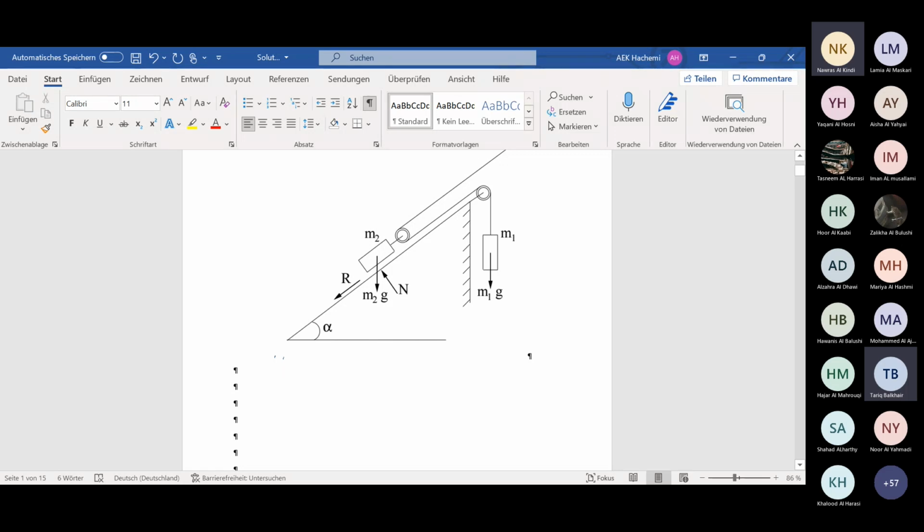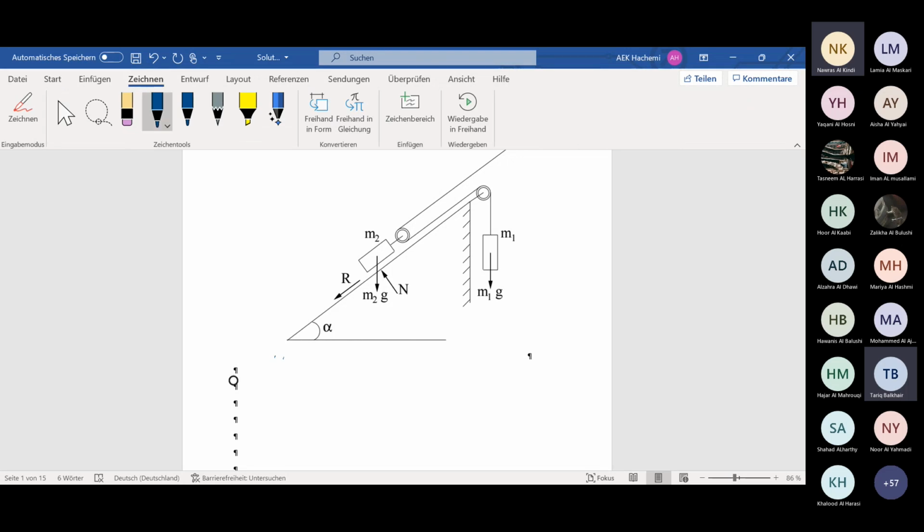We said that the sum of the forces Fi is equal to the mass Mi multiplied by the acceleration. This is the general formula.